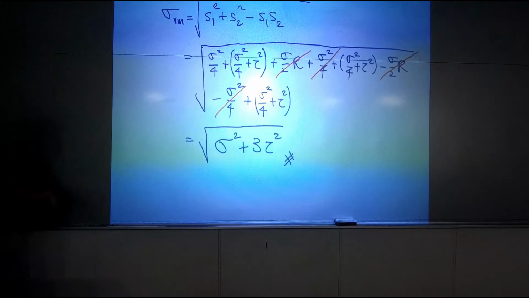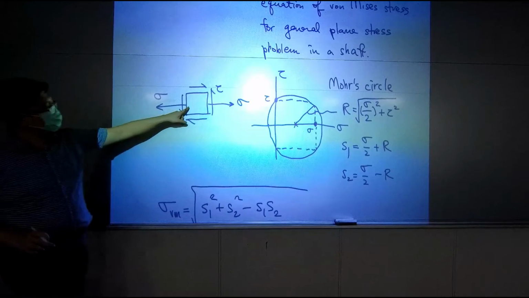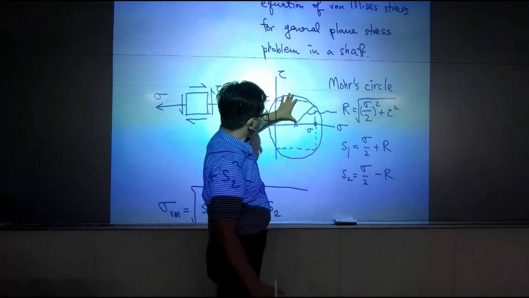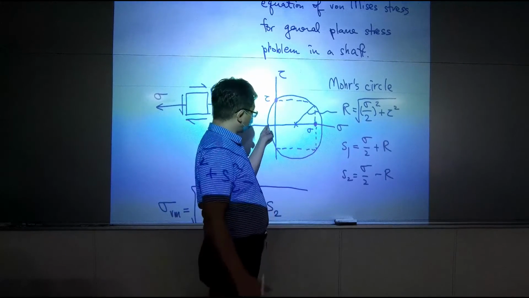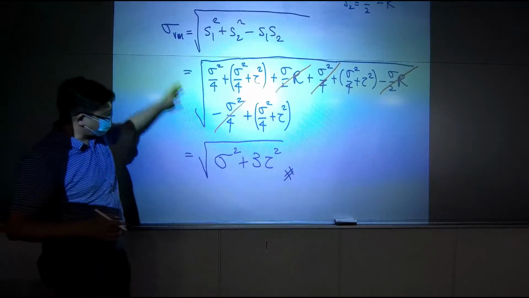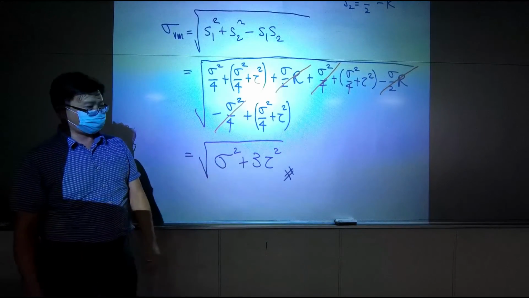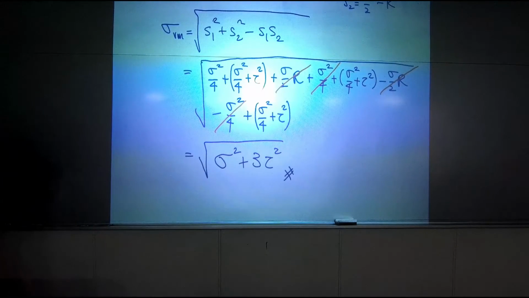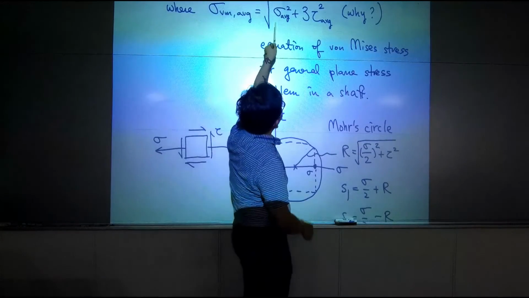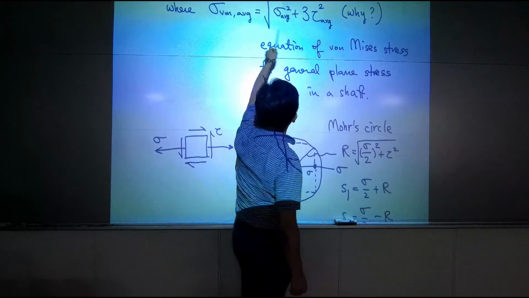So this is how, at the end, for that general shaft problem, this is a general one. If you plot out a Mohr's circle, you calculate the radius, you calculate S1, S2, and you truly derive the von Mises stress. At the end, it's a square root of sigma squared plus 3 times tau squared. Okay, so in this particular case, because we have average sigma and average tau, we can plug it into this equation at the end.